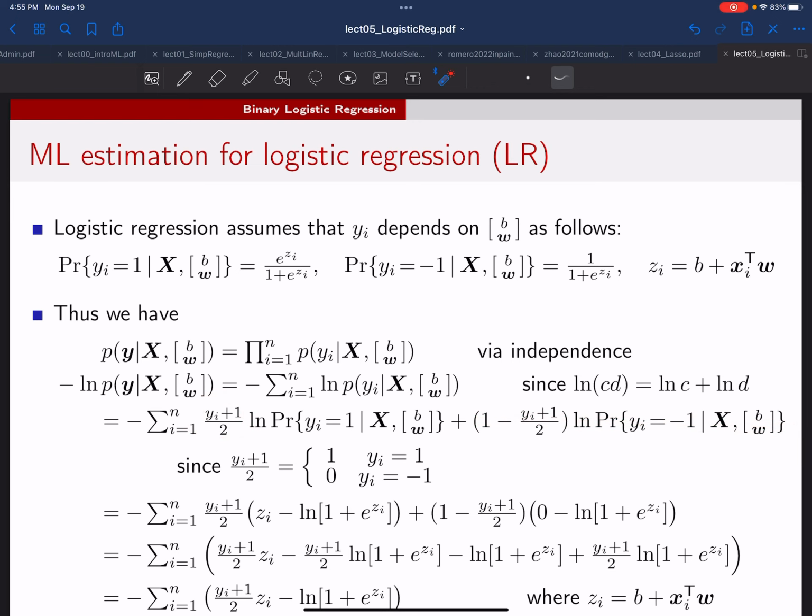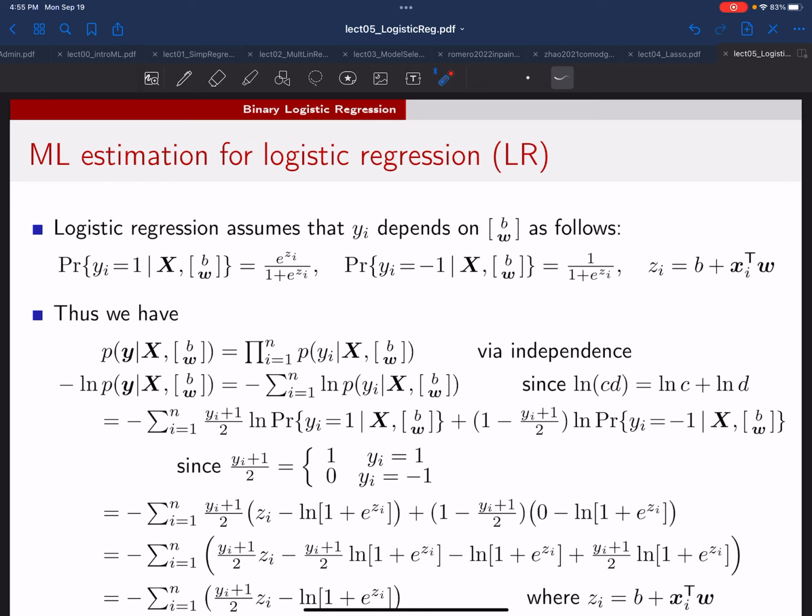And when yi equals minus 1, then this one goes to 0, so that goes away, and this one turns into a 1. So that is how this log PDF is basically going to be either this or that, depending on whether yi is 1 or minus 1. It's a little trick. Is that making sense, what we did there?